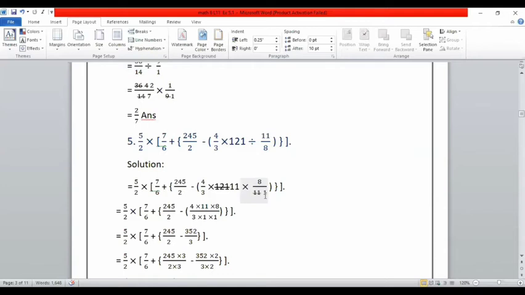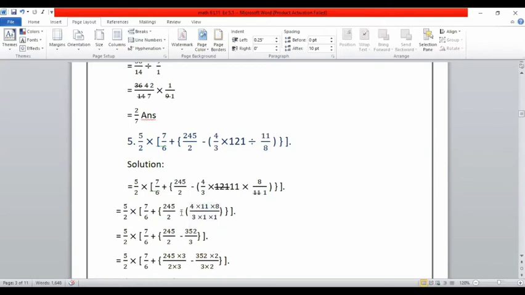Dear student, now here I will multiply because further we don't have the possibility to cancel any numbers. 4 multiplied by 11 multiplied by 8 in the numerator, 3 multiplied by 1 in the denominator.